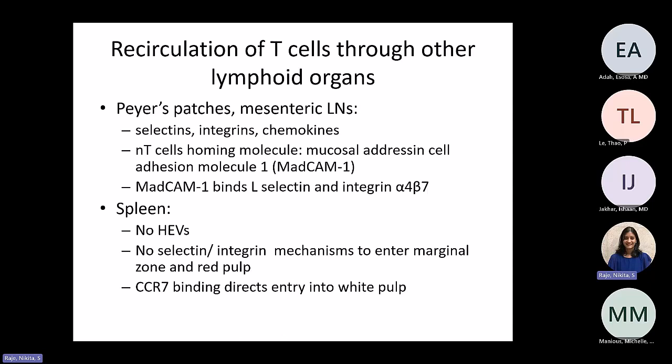So in that white pulp, the T cell zone will have the lymphocytes going to the T cell zone, right? CCR7 going to CCL19, CCL21. But then the B cells will have interaction with the other chemokines and chemokine receptors that pull them into the follicles. Regardless, CCR7 is a basic thing that will pull them towards the white pulp.